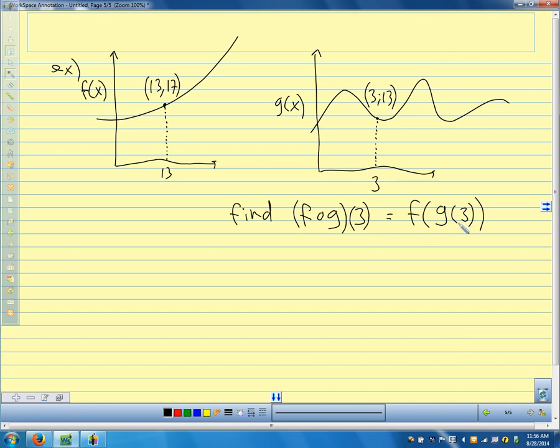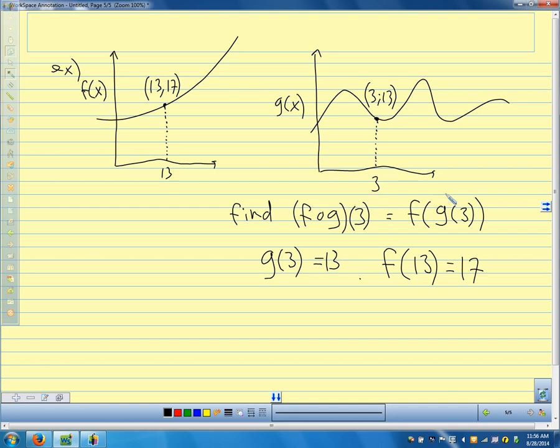Well, let's look at the inside function first. What's g of 3? Go over 3, go up here to this point. So what do we get? 13. What's f of 13? 17. So this is telling us find g of 3. g of 3 is 13.